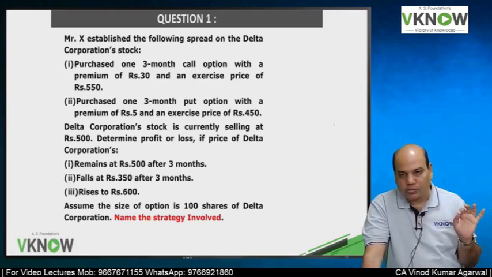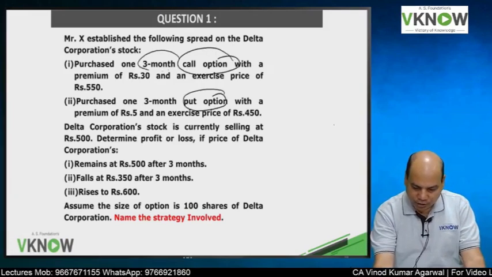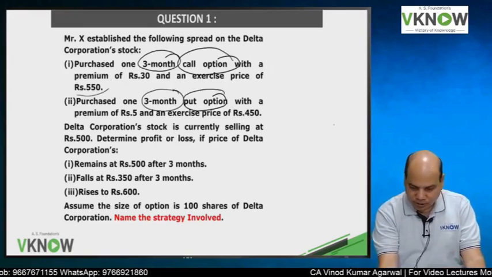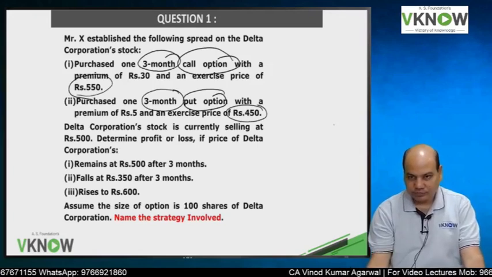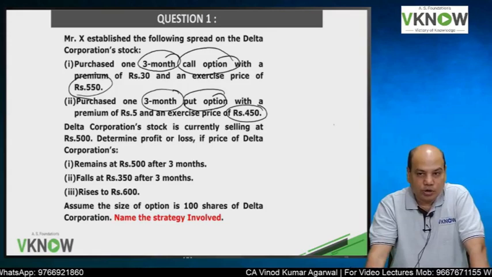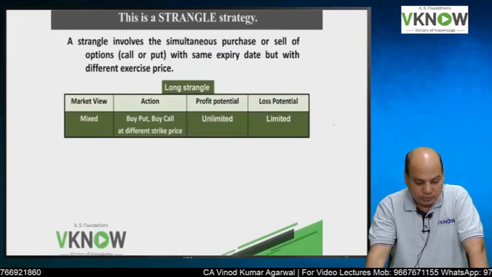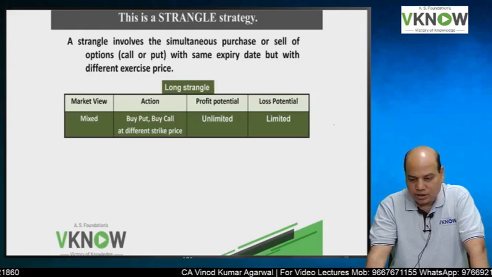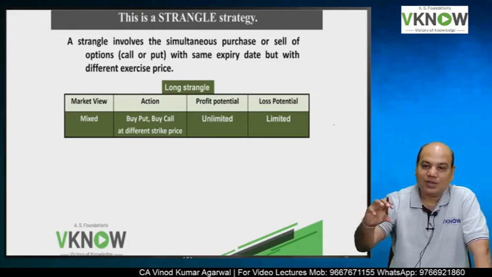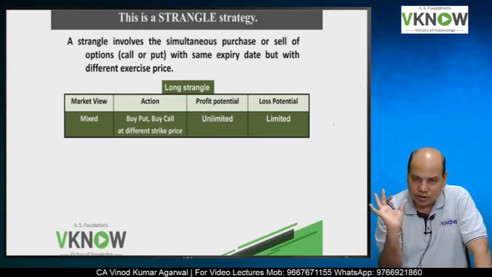When you buy a call option and you buy a put option having same maturity date but different exercise price. Same maturity date but different exercise price. What do you call it? This is called strangle. Write down. This is a strangle strategy. When the exercise price is also same, it is called straddle. Okay. Straddle is when exercise price is also same.